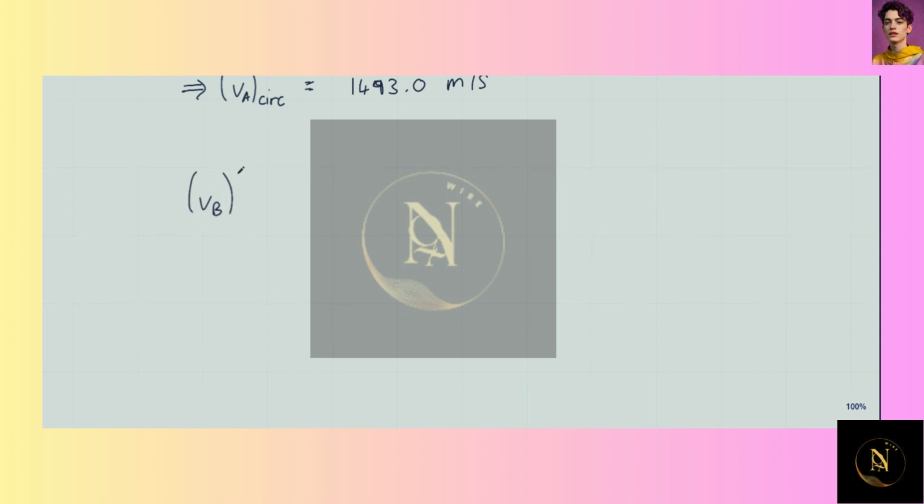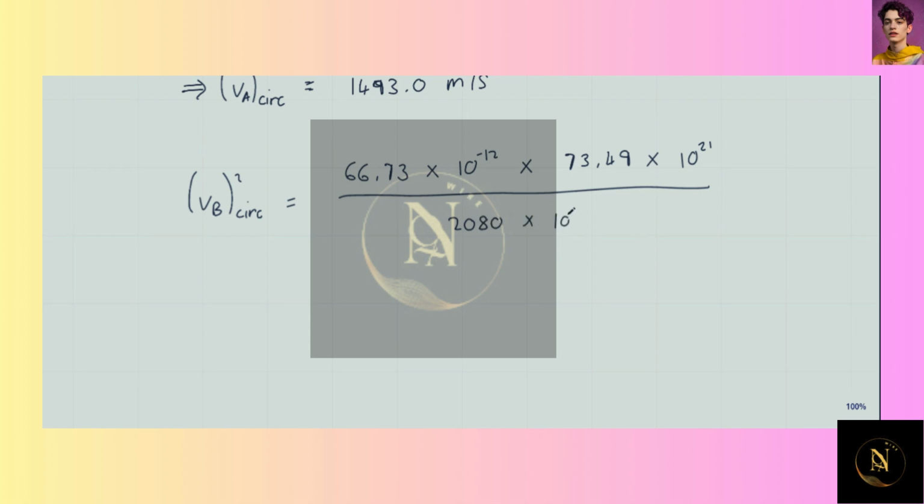So VB squared is equal to, again, we'll substitute our values in here, 66.73 times 10 to the minus 12 in SI units, times the mass of the moon, which is 73.49 times 10 to the 21 kg, all over the radius of the orbit of B, which is 2,080 times 10 to the 3 meters.